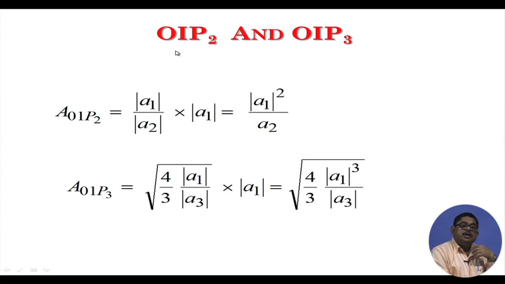If you have the output intercept point, this is the second order output intercept point, it is given by this. This is the third order output intercept point, given by this. Since we know our system, that means we know A1, A2, we can always calculate this.